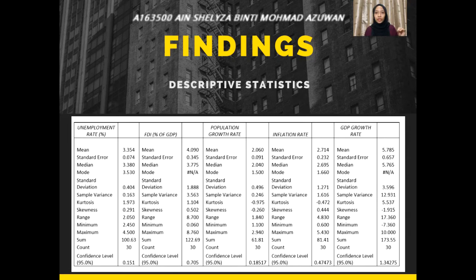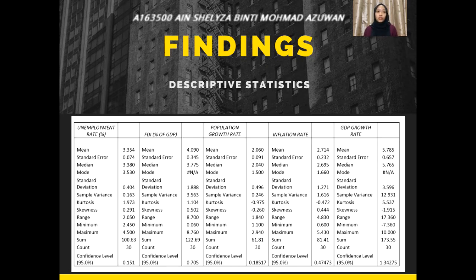From here, we can see that the data is right-skewed, and that is why the mean is slightly higher than the median. As for the standard deviation, it is 1.888, and this indicates that the data points are clustered close around the mean. Therefore, it is reliable because the data is not widely spread.